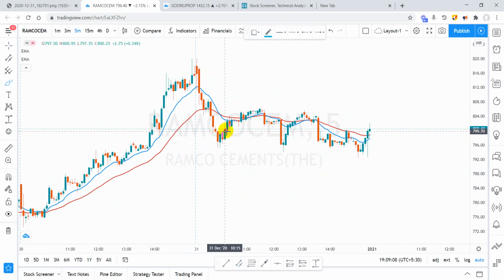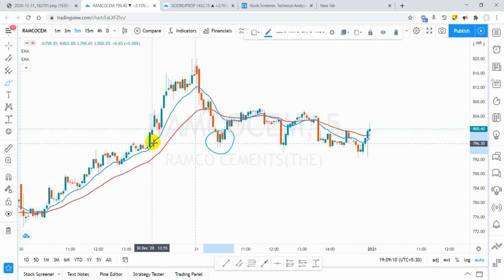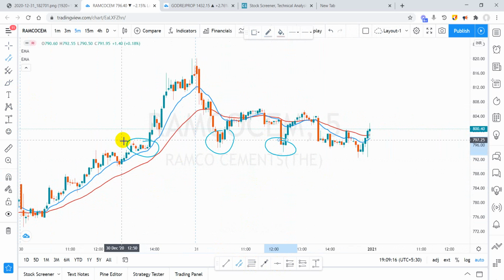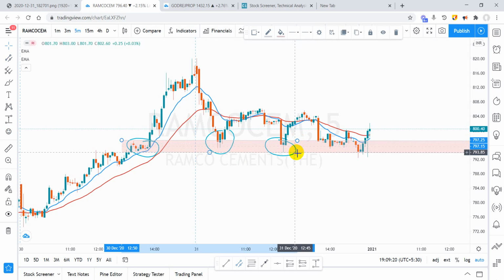Okay, so this zone over here and this zone, every single time when the stock is hitting this particular area, it is bouncing back, and bouncing back strongly, which signifies that to make proper profits we need to break this zone, and there only I can take a trend continuation trade.